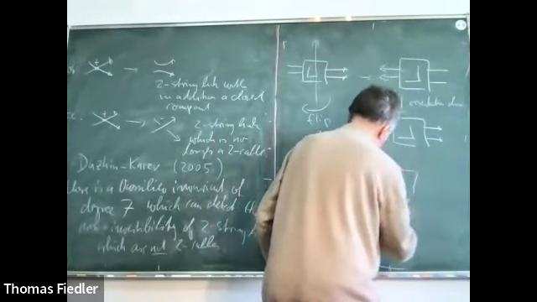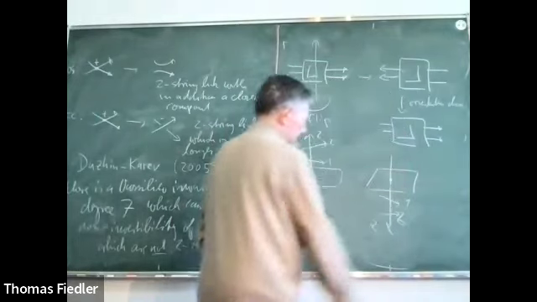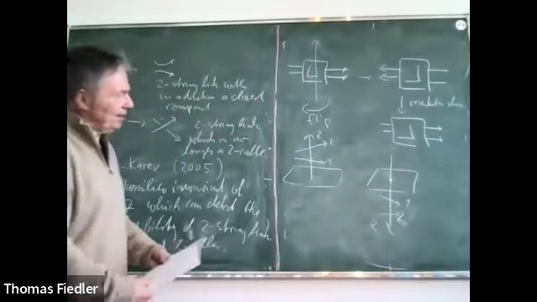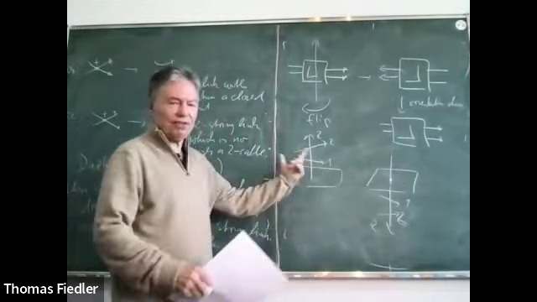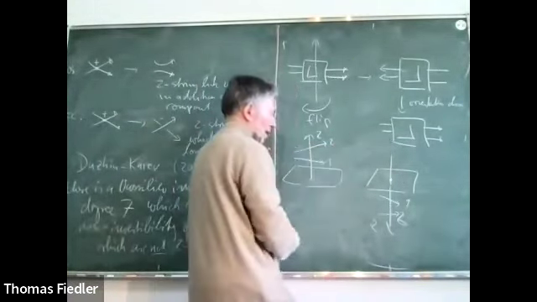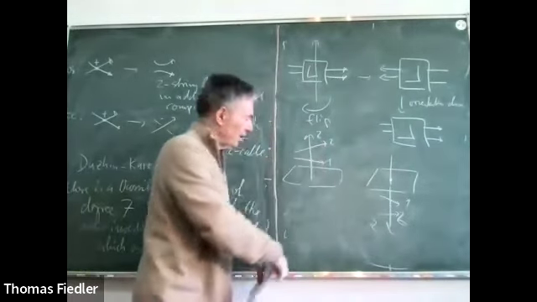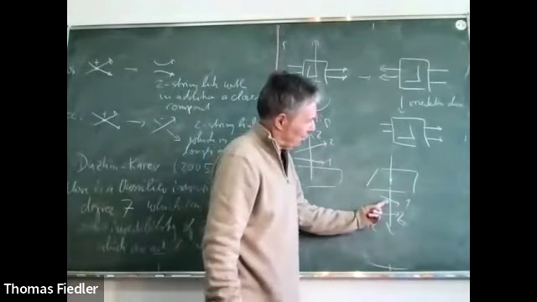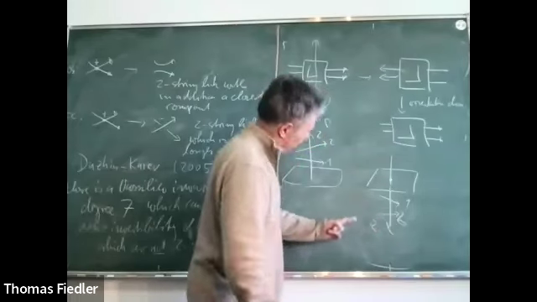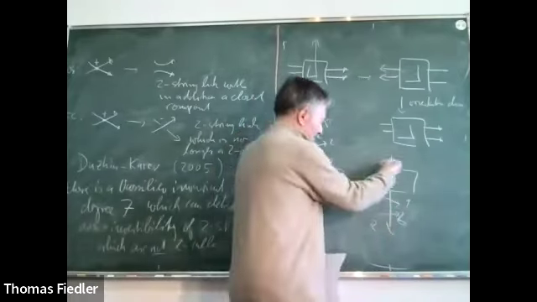Here we have 1, and here we have 2. The projection is here. So if there are different components, this is component 2 and this is component 1, we see the overcross is in component 2, the undercross is in 1. We make this flip, and the overcross is now in 1, and the undercross is in 2.